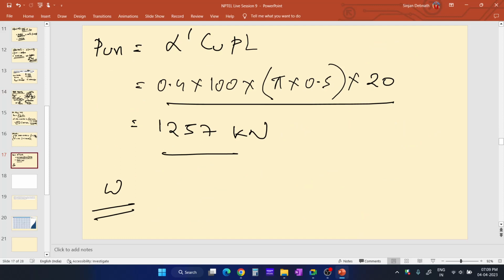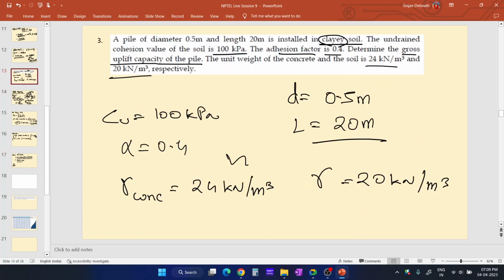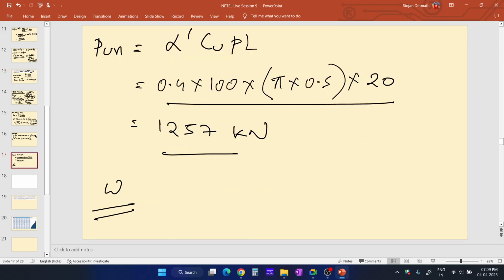So what is the weight of the pile? We know the unit weight of the concrete. How much is the unit weight of the concrete? It is 24 kilonewton per meter cube. If we multiply the unit weight of the concrete with the volume of the pile, we will easily get the weight of the pile. So what is the volume of the pile?